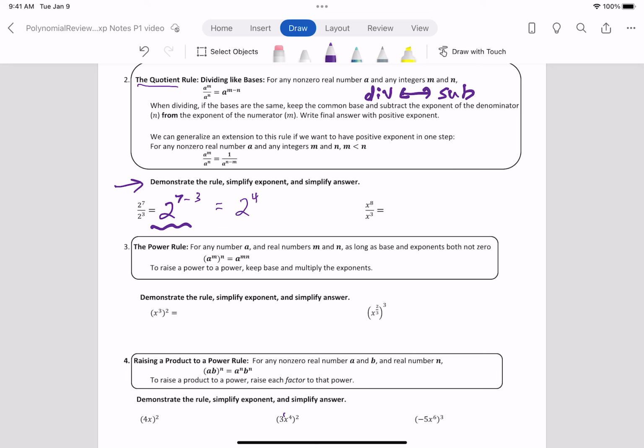If you want to put 2 to the 4th in the calculator, that's fine too. For the second one, my common base is x. We're going to subtract the exponents 8 minus 3, since this is a division problem, and that leaves me with x to the 5th for the answer.